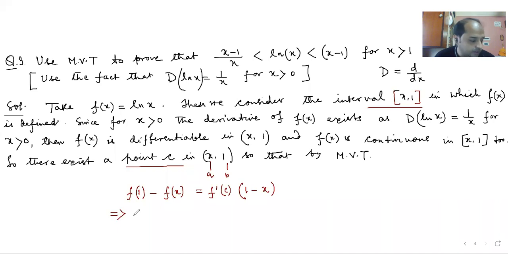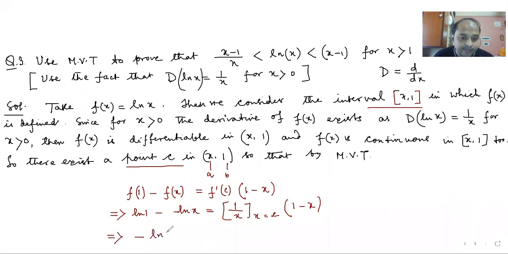So f(1) is what? ln 1, and that is 0, minus ln x. Okay, and f'(c) means 1 by x at x equal to c, times 1 minus x. So that is minus ln x, because ln 1 is 0, and you can write it as (1 minus x) by c.